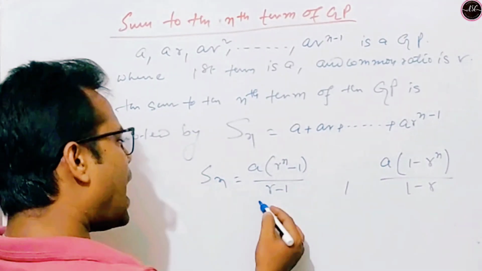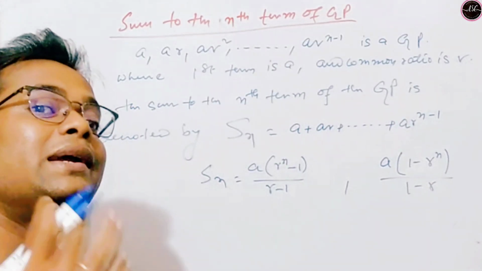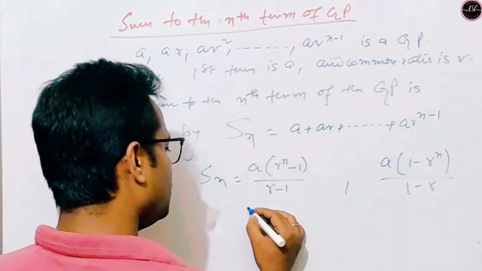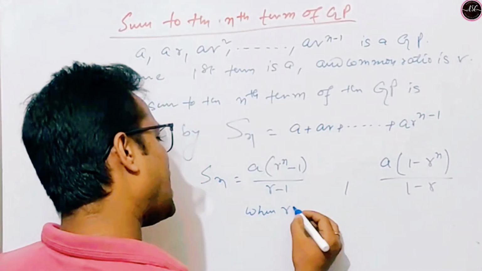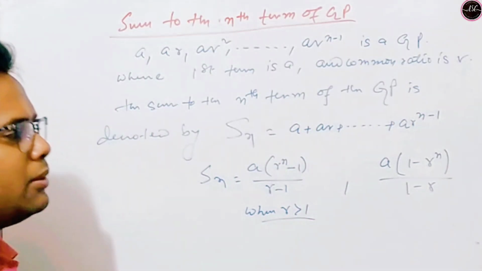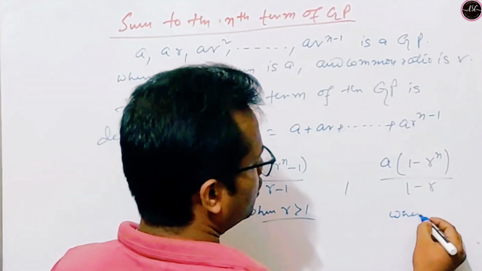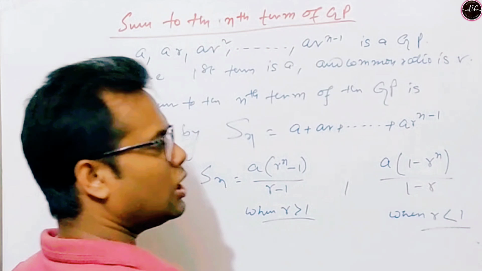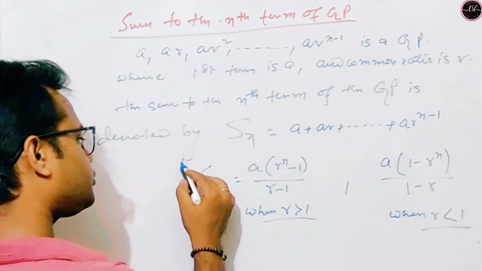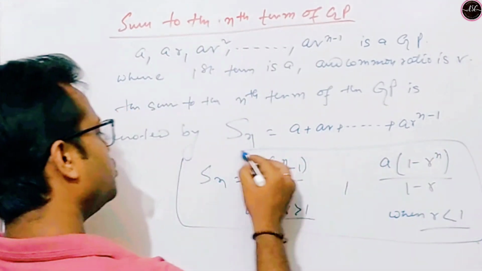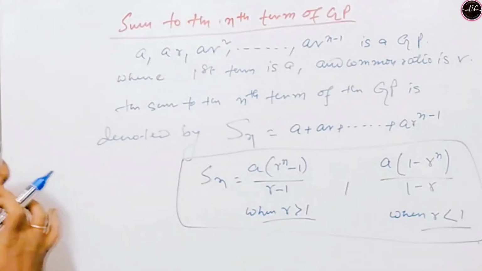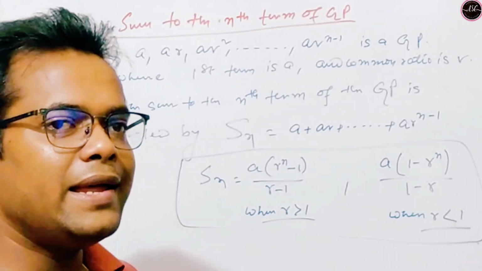Just look here, r minus 1. That means when r is greater than 1, this formula will be applicable, and when r is less than 1, this formula will be applicable. So this formula should be remembered. By this, we will solve various problems.